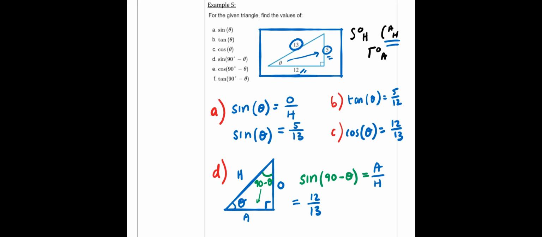When we're asked to find the cosine of 90 minus theta, that's going to be this divided by that. Oh, that's just sine, because it's O over H. So for part E, we know that our answer is sine theta, which we worked out to be 5 over 13. And finally, tan of 90 minus theta. Well, we need a little bit more room here, so we'll drop this down.